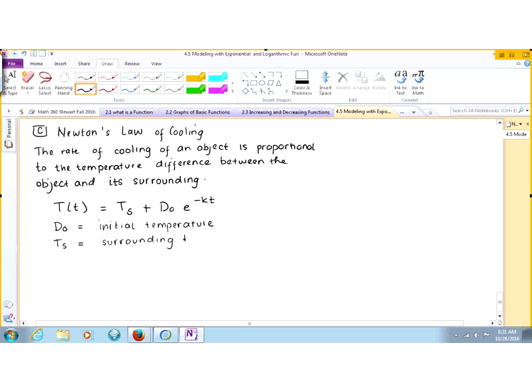Surrounding temperature. You're right. What is k? This is a positive constant depending on the object. So that's why I put a negative here, and the k must be positive depending on the object.